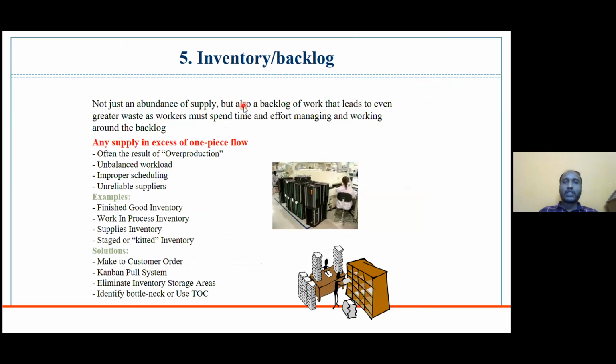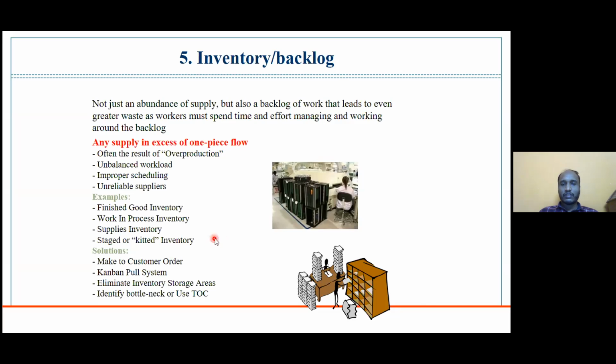Inventory. Based on the overprocessing, we will get the inventory. Any supply in excess of one piece flow is often the result of overproduction, unbalanced workload, improper scheduling, unreliable suppliers. Examples are finished goods inventory, work in process inventory, supplies inventory, kitted inventory. Inventory is not only in the raw material area, it can be in the WIP area or the finished goods area also.